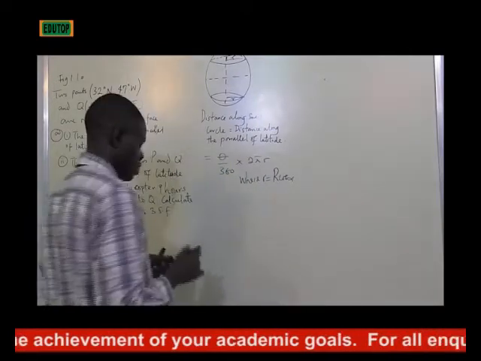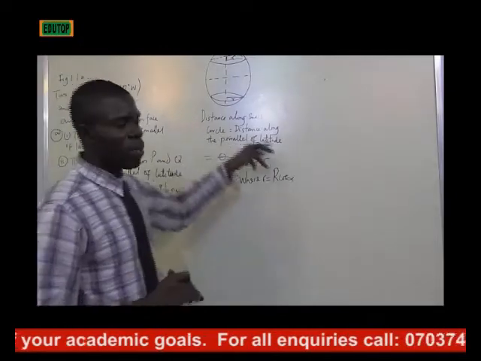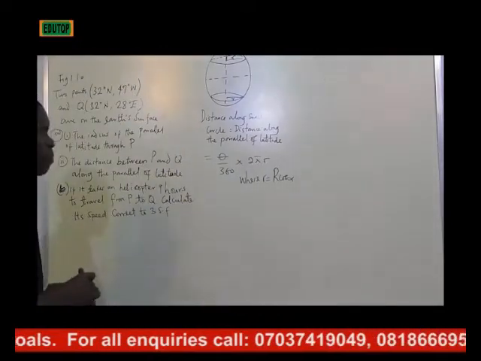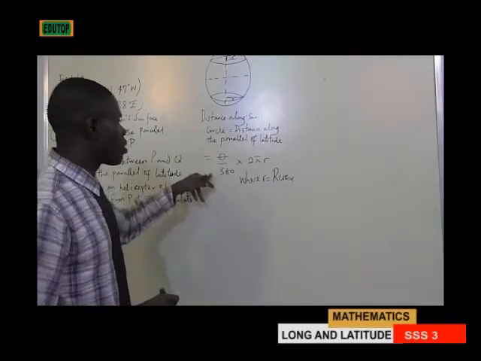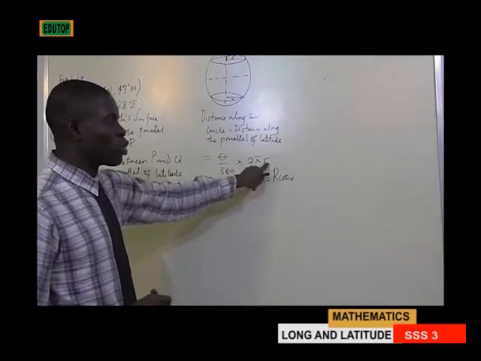Take note of that. So this distance along small circle is also the same thing as distance along the parallel of latitude, and distance along great circle is theta over 360 times 2 pi capital R.